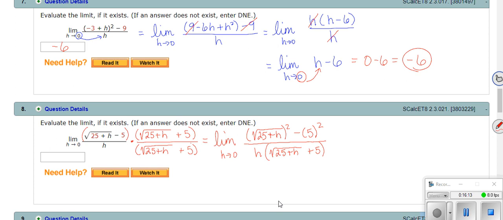I'll take it one more step and then I'm going to leave you guys to finish it. So the limit as h approaches 0 of, on the top, the square root and the square cancel, right?